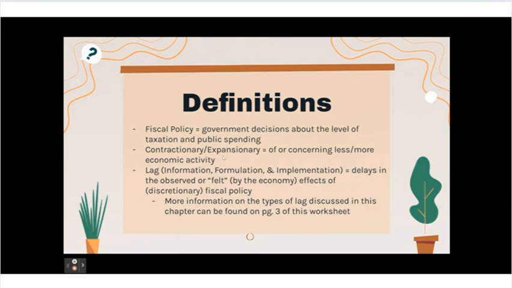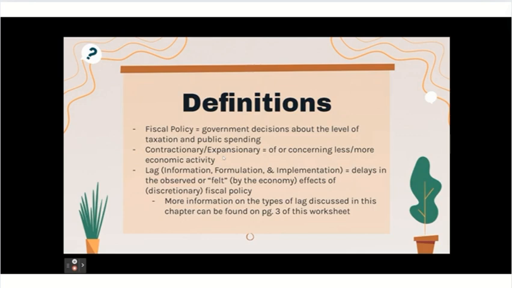So when there's a recession, you want expansionary because you want more economic activity than there currently is. That makes people spend more, that puts more money out there in the economy, called the money supply, and it just makes everybody's life a lot better. But then it can get too big, and that's when we have inflation, and that's when you want contractionary policy to bring it back down to just the perfect Goldilocks amount of monetary activity.